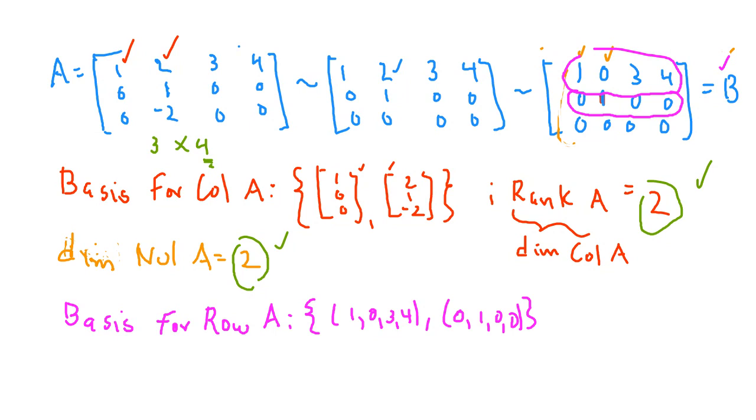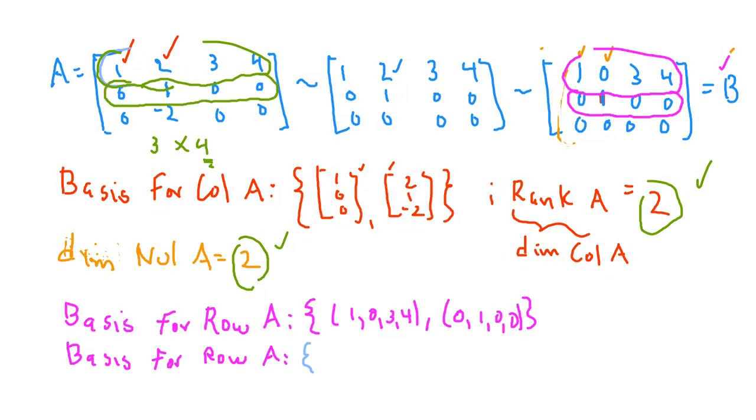Now, could we also have as a basis for the row space of A this answer? Could we go back to the original matrix and pick out the first 2 rows?